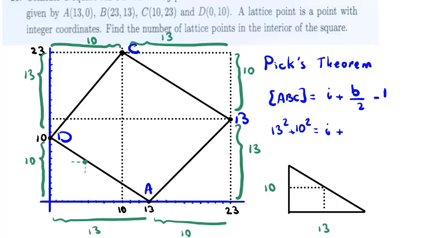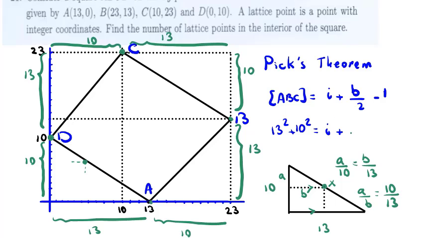Suppose this length is A and this length is B. If we use Thales' theorem, or parallel lines, or similar triangles, this triangle is similar to this, so A over 10 equals B over 13. So A over B equals 10 over 13. You can't simplify 10 over 13; it is in lowest terms. So A and B cannot be any number from 1 to 9, so we don't have any points like this. So all points on the boundary are the vertices of these squares.